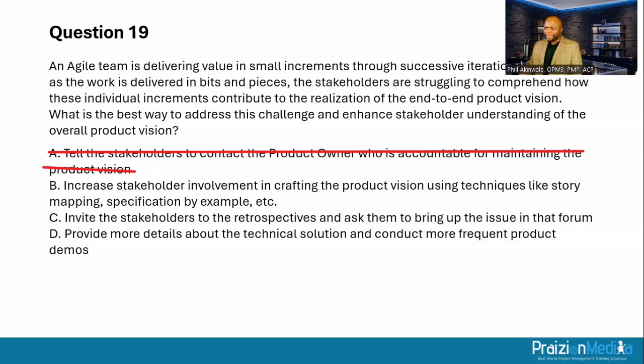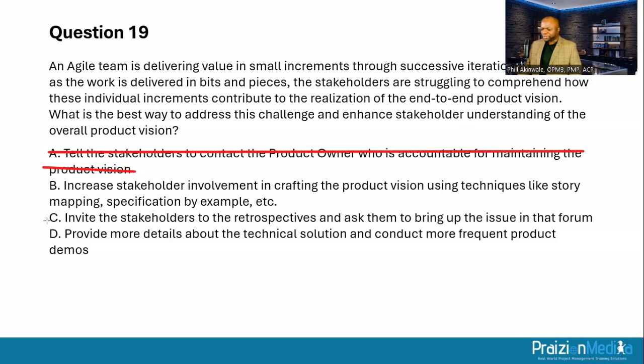Let's take a look at option B. Increase stakeholder involvement in crafting the product vision using techniques like story mapping and SBE. This should have been done right from the get-go. So it's not a bad option, right? We're going to keep going and see if there's something better. C, invite the stakeholders to the retrospectives and ask them to bring up the issue in that forum.